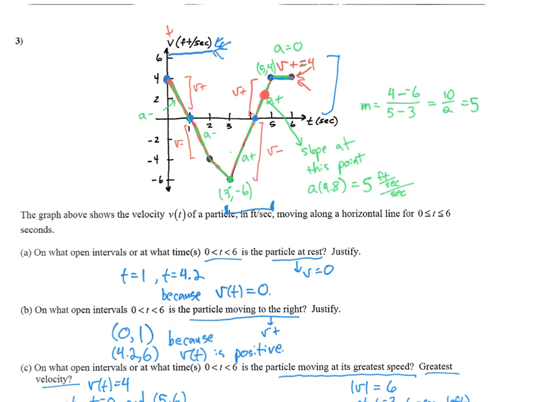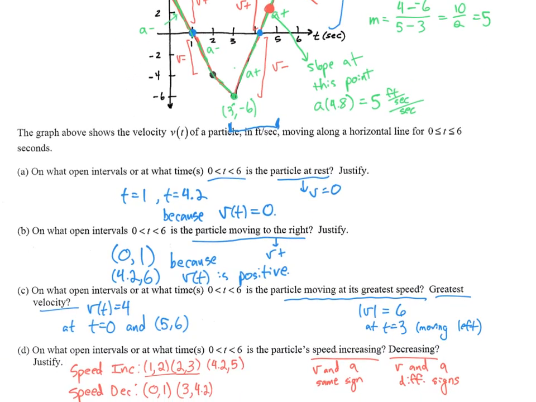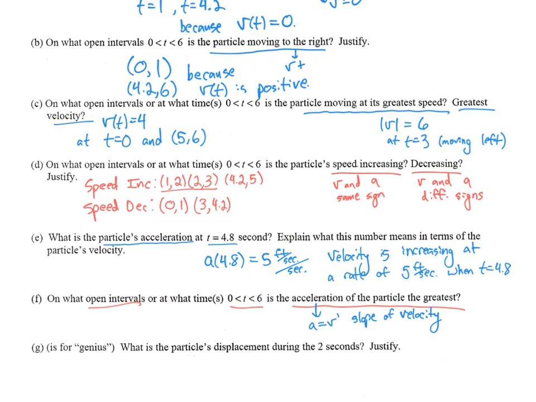That's the only spot where the acceleration is positive, so therefore that's the only spot where the acceleration is the greatest. So we would say the acceleration is the greatest from 3, whoops, I wrote a 2. From 3 to 5.